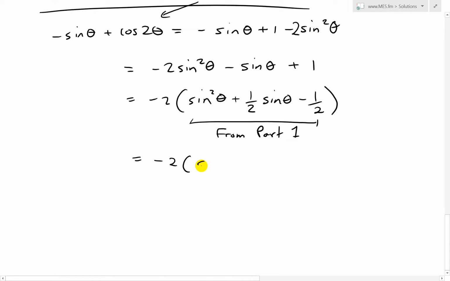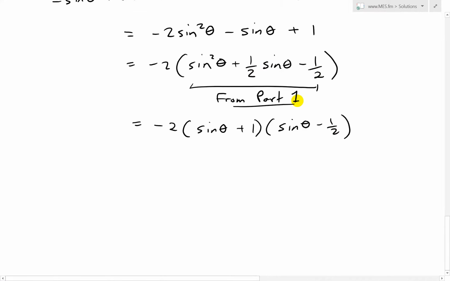So sine theta, we need two numbers that multiply to negative 1 over 2 and add up to 1/2. That's 1 right here, and sine theta minus 1 over 2. So 1 minus 1 over 2 is 1/2, and 1 times negative 1 over 2 is this one here. So that's from part 1. You could also factor by guessing, so make sure to watch that one and see it in more detail.